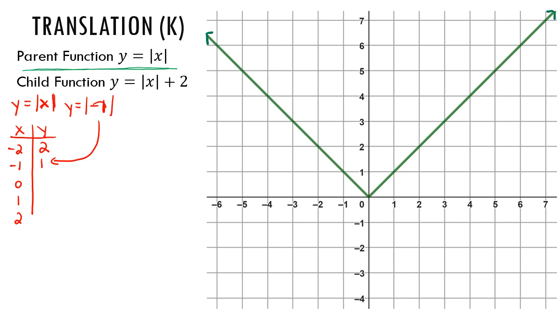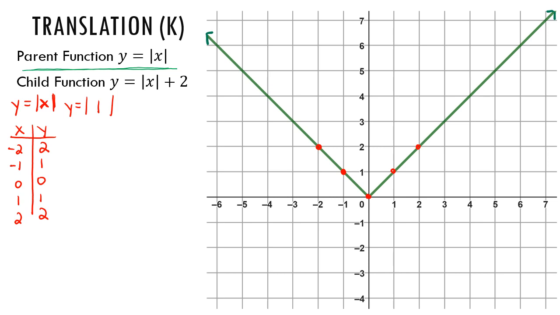If I plug a 0 in, well, 0 doesn't have a sign, it's a neutral number, so it will give me 0. If I plug in a 1, it makes it 1, because absolute value signs are referring to the distance from 0, so it's always going to make a positive value no matter what. And so that's these points on the graph here. Well, that's what that table just did for us.